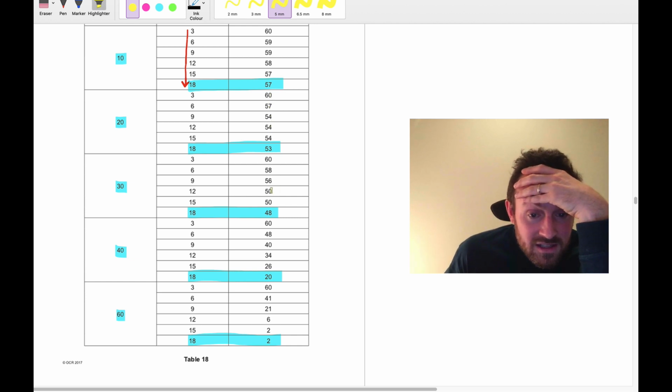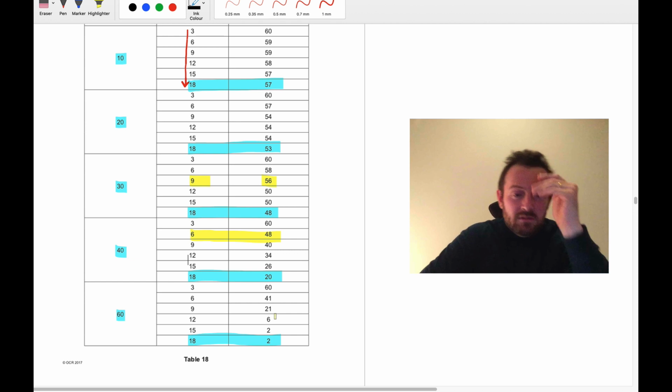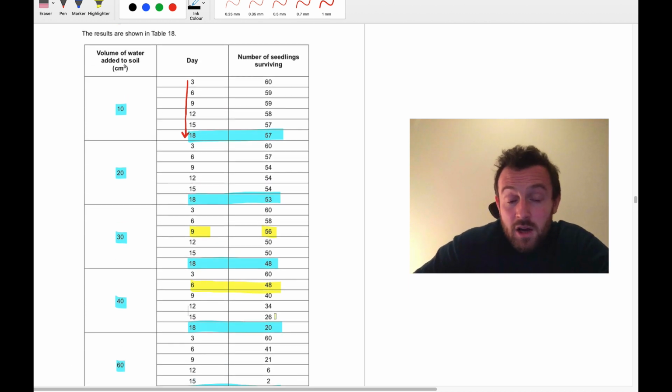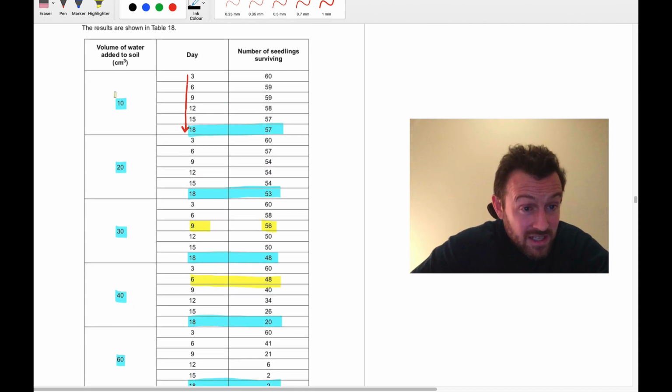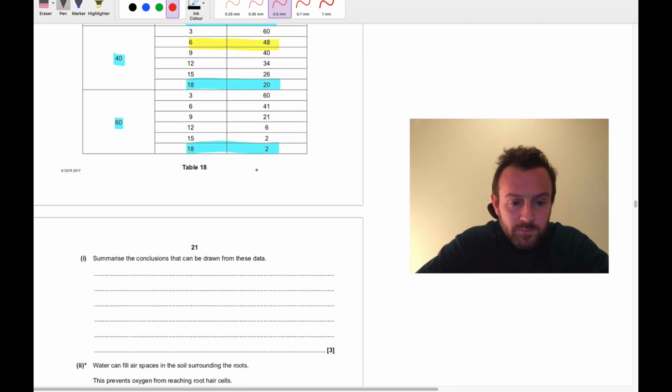With 30, they survive quite well up until about day 9, and then they drop off quite rapidly. With 40, they start dying straight away, really, but they do all right, I guess, up to about day 6. And with 60 centimeters of water, they just start dying straight away. So, yeah, overwatering kills the seedlings, essentially, is the conclusion. But now let's see what the questions are about.